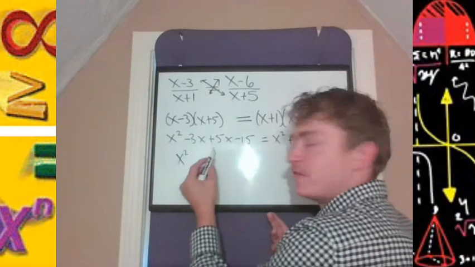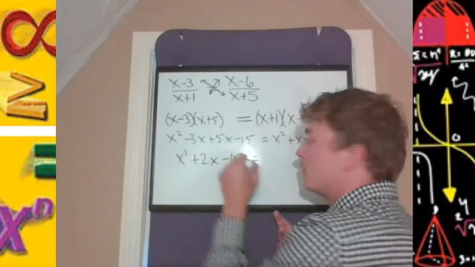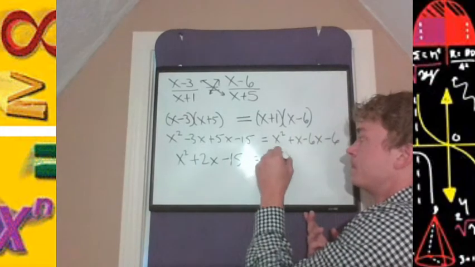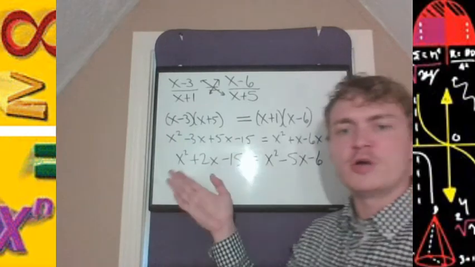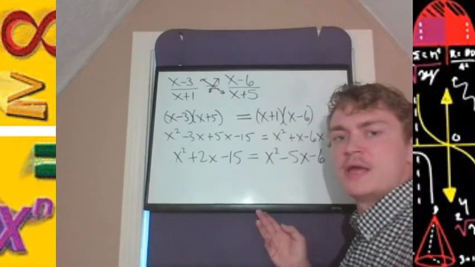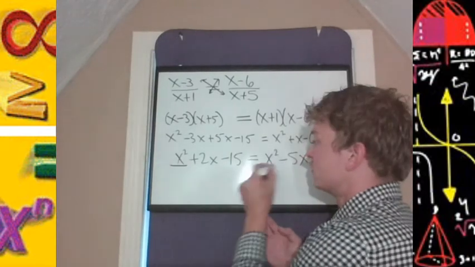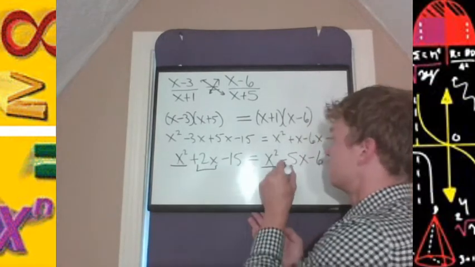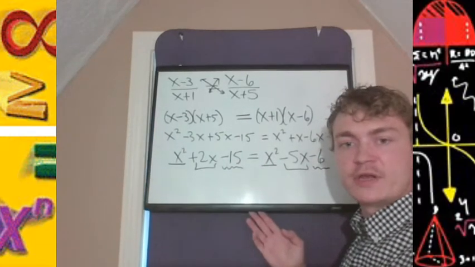Minus 3x plus 5x. On the right-hand side. So we have a trinomial equal to a trinomial. And now see here that the common terms, the like terms, are on each side of one another.